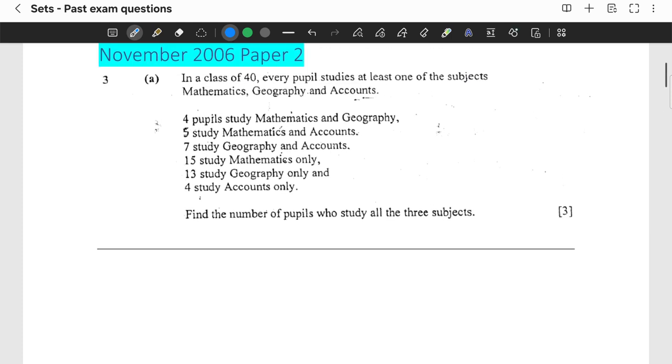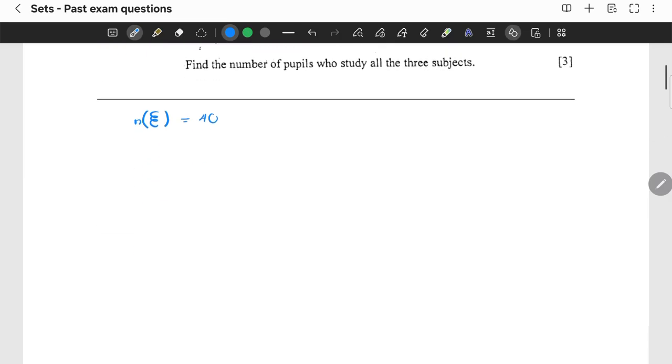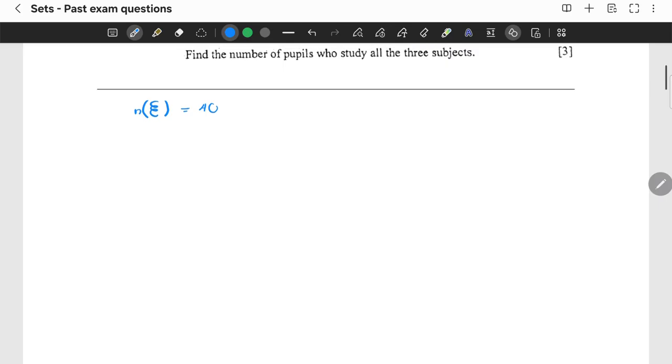So what's important here is to understand that, first thing, the universal set has 40 students, right? And we have 3 subjects. So you first have to draw your Venn diagram.